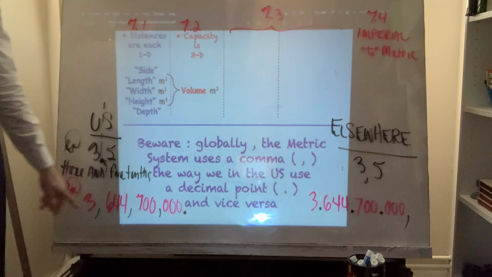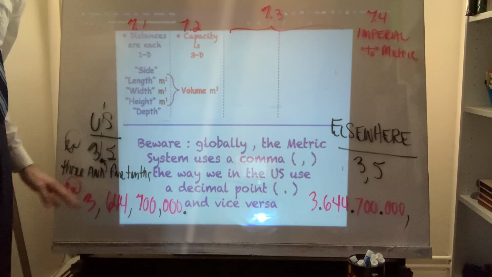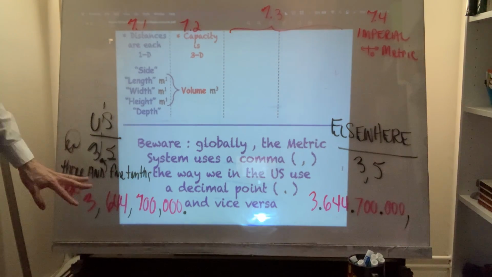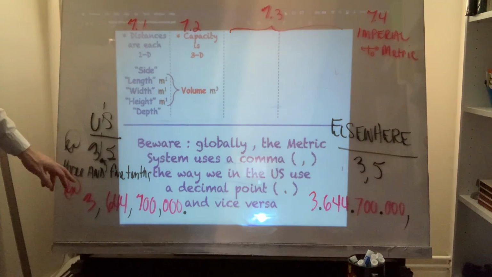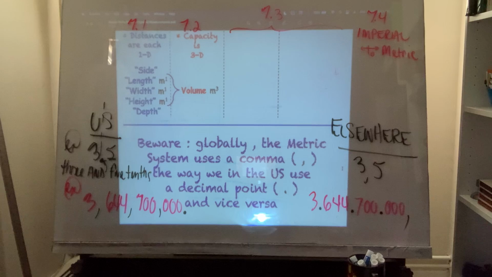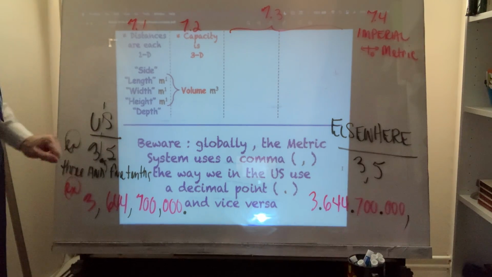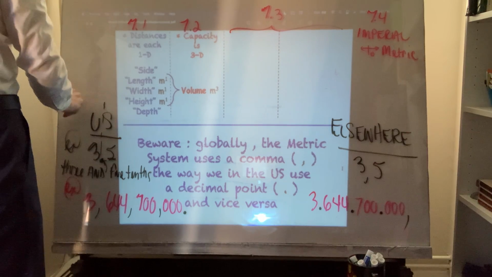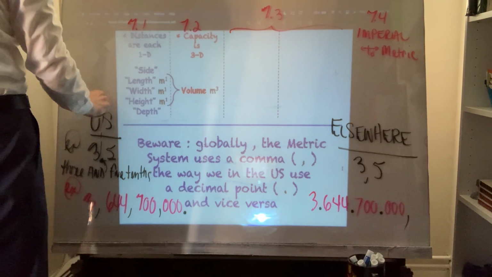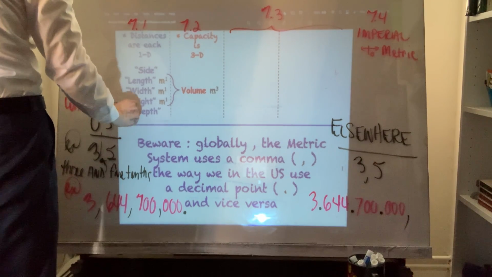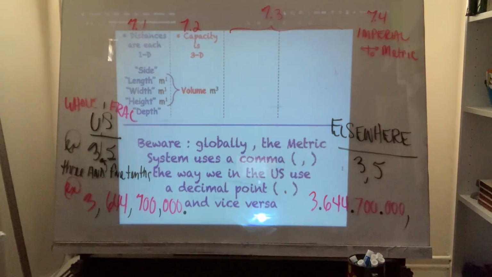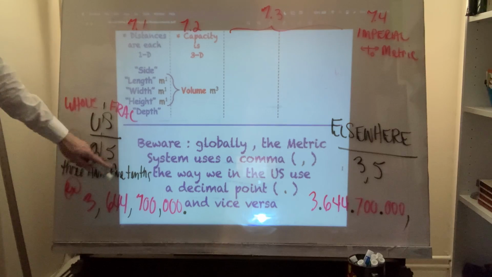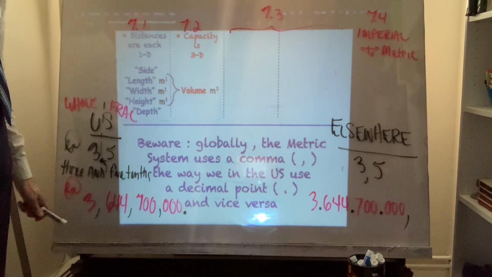So just make that distinction, or be mindful of that if you're reading a sign from elsewhere. We use periods, decimal points, to separate out whole numbers from what are essentially fraction decimals, 5/10ths or what have you. And we use commas to group sets of 3.